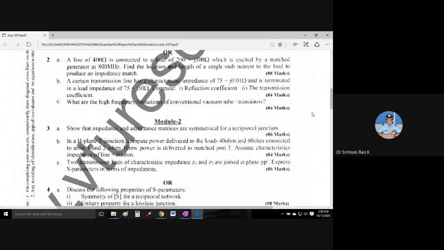One more question is there, so this is for 10 marks and another question for 20 marks. Please everyone note down: show or prove that impedance and admittance matrices are symmetrical for a reciprocal junction. Actually, it's a very small answer, but anyway, you try it out. Everyone note it down.